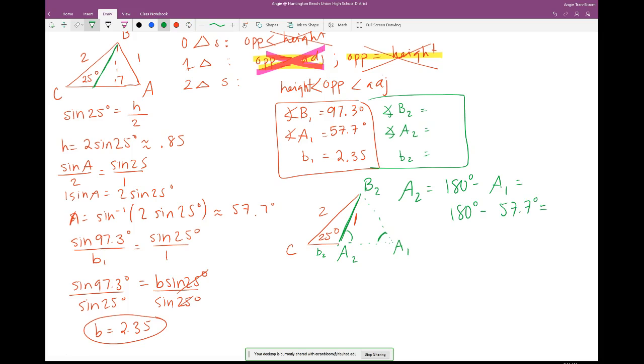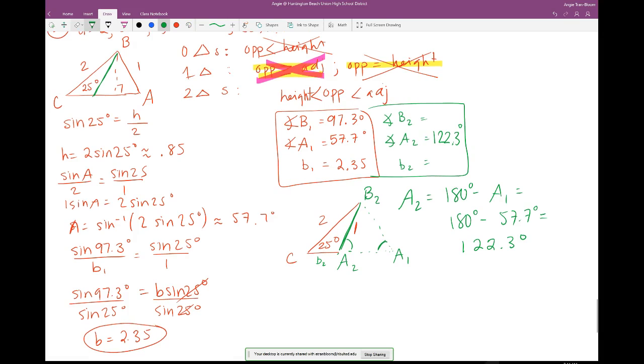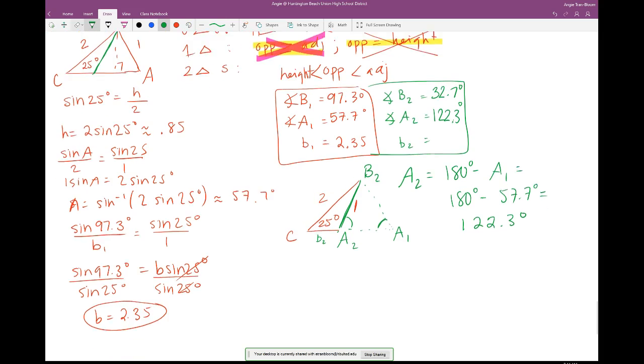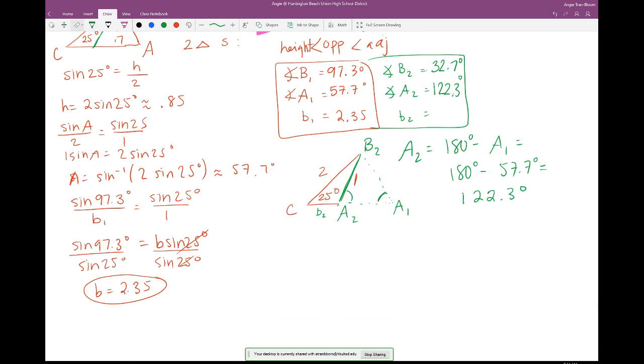So this is now what? 122.3, like that? Okay, so that's your A subscript 2. 122.3 bubbles. Okay, then can I take 180 minus 122.3 minus 25 to get B2? So what's B2? 32.7. Great. And then now I do have to use the law of sine for B subscript 2, right?